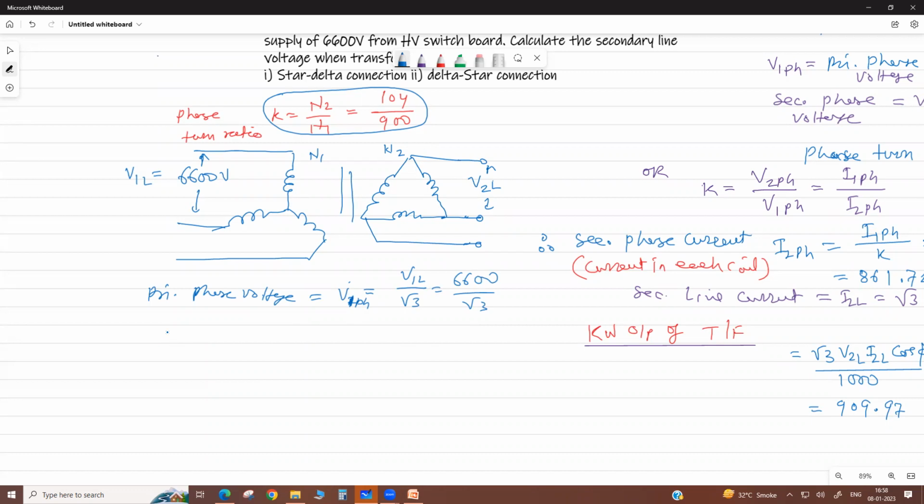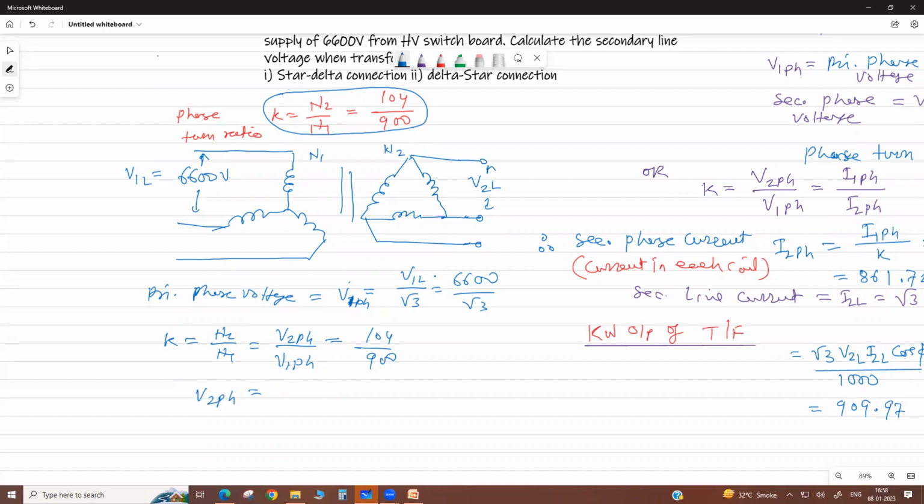Then we can use this formula: N2 by N1 equals V2 phase by V1 phase, which is 104 by 900. Now secondary side is asked, meaning he is asking V2 phase.